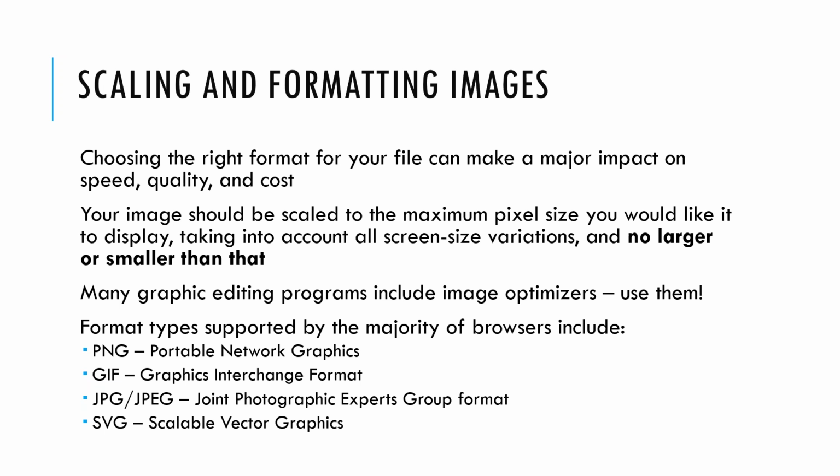Most graphics packages include an optimizer when you save the image that allows you to figure out a compression of the image that is balanced with quality of the file. So they'll often have a little sliding scale if you go to advanced settings when you save a compressible file like a JPEG, with a little slider that lets you compromise between a smaller file and a more crisp and clean file.